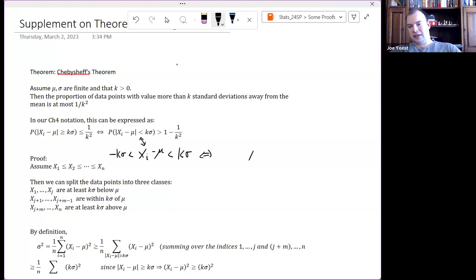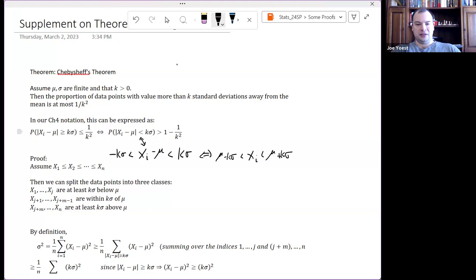Or in other words, that xi is bigger than mu minus k sigma and less than mu plus k sigma. So this is just another way of saying that the value is within k standard deviations of the mean, between mu minus k standard deviations and mu plus k standard deviations.